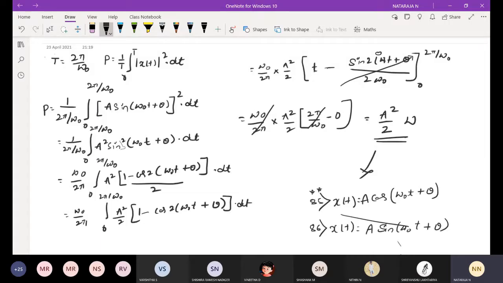Got same answer or any difference? Same answer. Got same answer everyone?